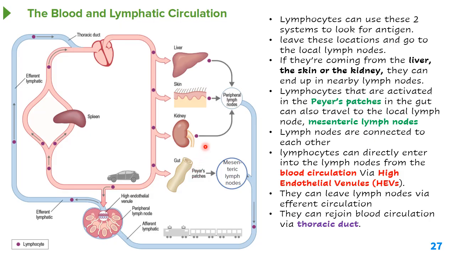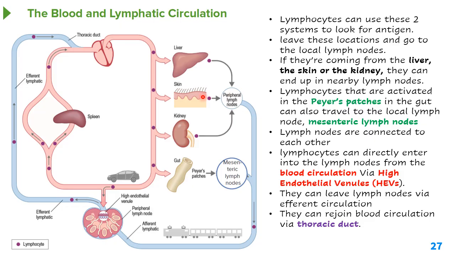Once they are in these organs, they can also get back into the circulation, but not directly into the blood circulation. They have to go through the lymphatic circulation first. If you have your lymphocyte on your skin and it found antigen, it does not go to the blood, it goes to the lymphatic circulation to get to your afferent lymphatic vessel and reach your nearest secondary lymphoid organ.